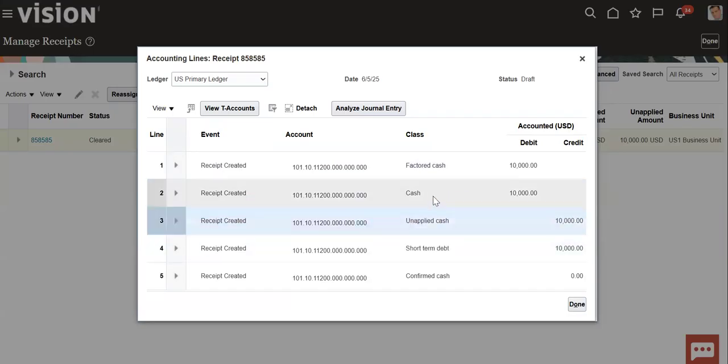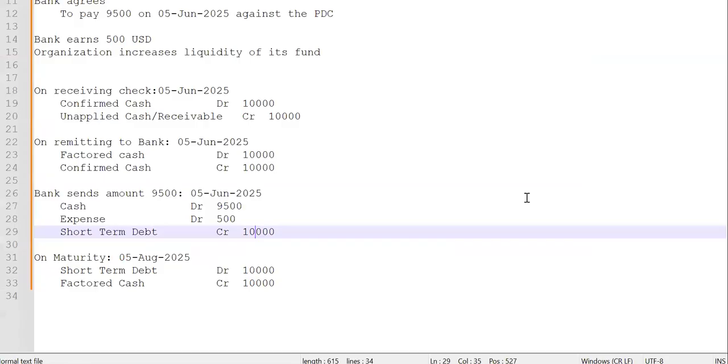The only difference is that cash, instead of 9,500, has come as 10,000. And the difference of 500 is generally an expense for me, because I have done a sale of 10,000, I received a check of 10,000, but I agreed to take 9,500. So that 500 is an expense for me.